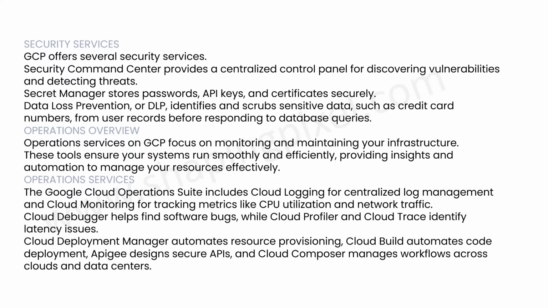Cloud Debugger helps find software bugs, while Cloud Profiler and Cloud Trace identify latency issues. Cloud Deployment Manager automates resource provisioning. Cloud Build automates code deployment. Apigee designs secure APIs, and Cloud Composer manages workflows across clouds and data centers.